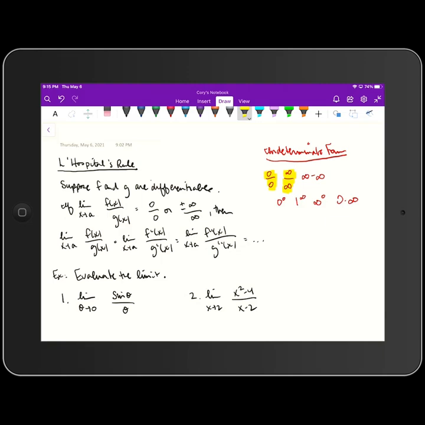L'Hopital's rule states to suppose f and g are differentiable.